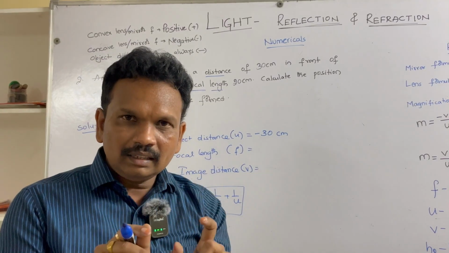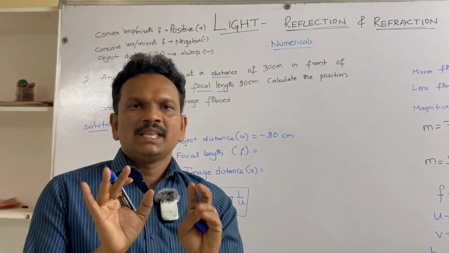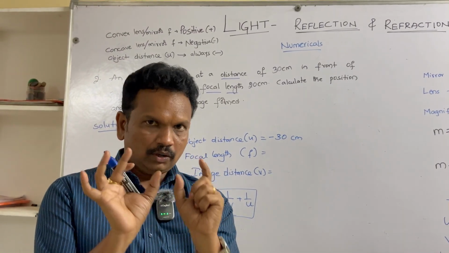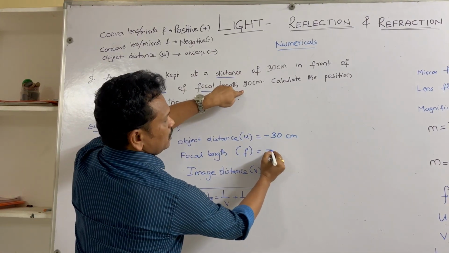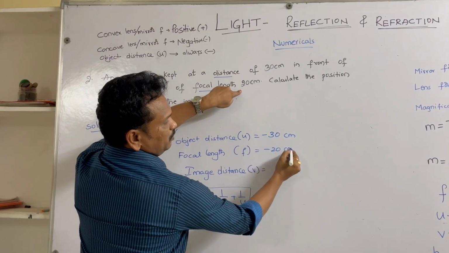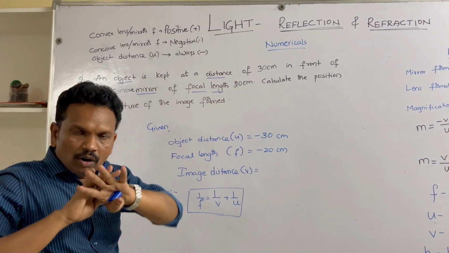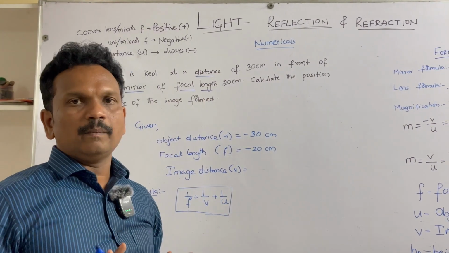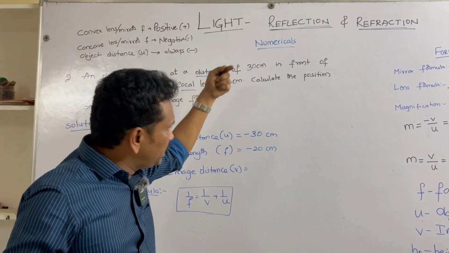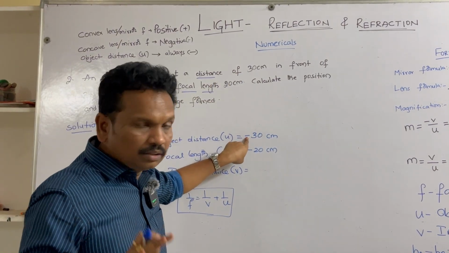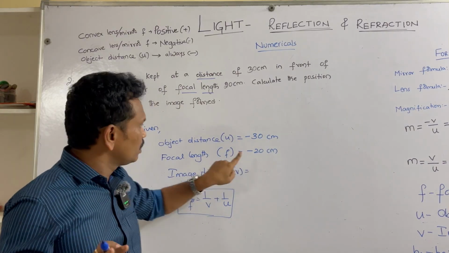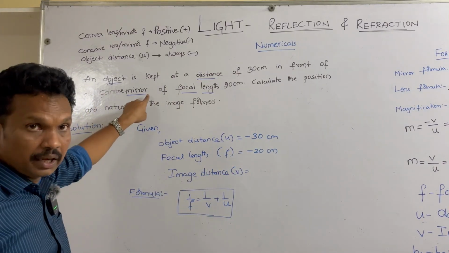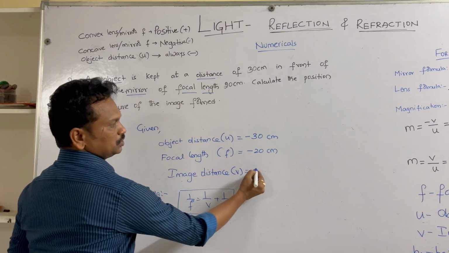Concave, either lens or mirror, its focal length is negative. Keep in mind, very, very important. Focal length minus 20 centimeters. They did not mention sign convention, we just need to mention the sign. Object minus, focal length minus for concave. Now, image distance?